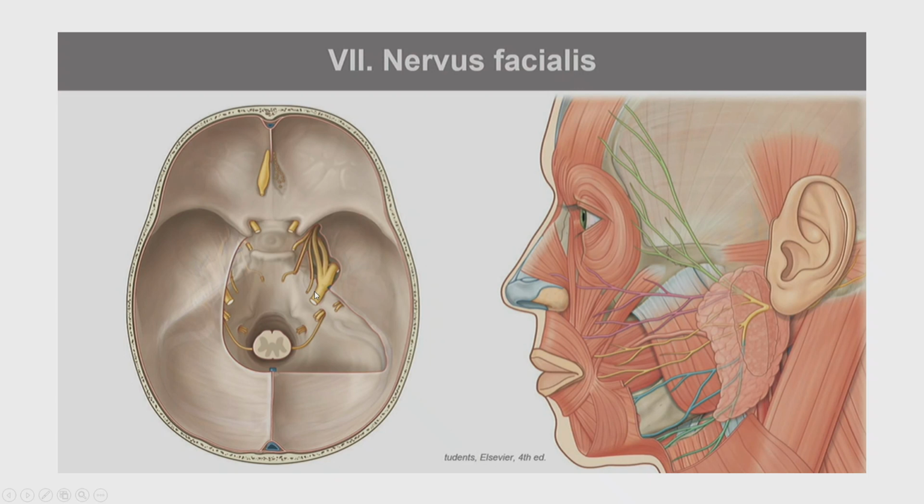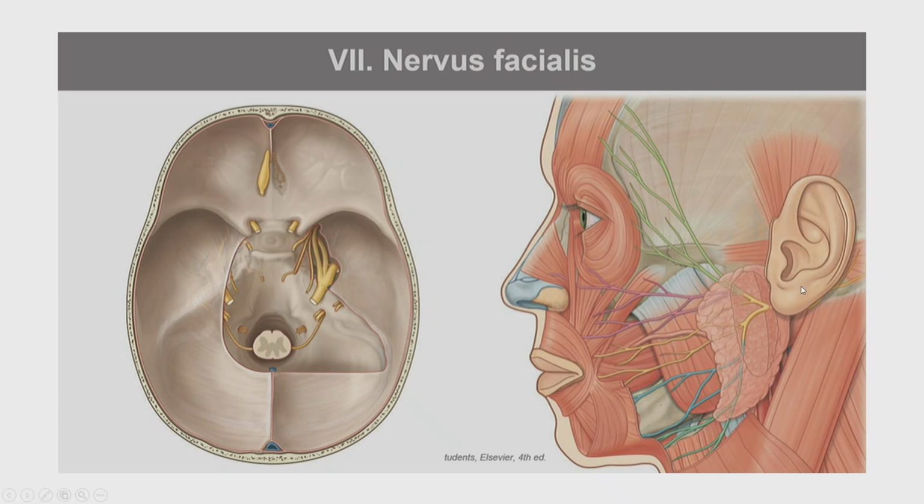It goes anterolaterally, then posterolaterally, and then down as a descending part, and somewhere between the mastoid process and the styloid process, behind the lobe of the ear or the auricle, it comes out through the stylomastoid foramen.